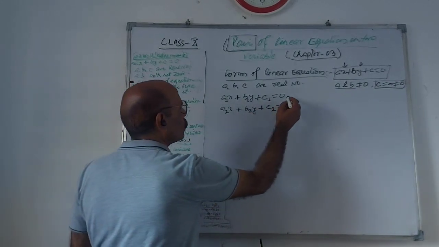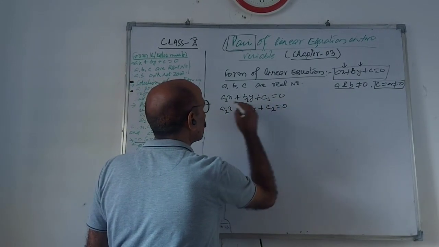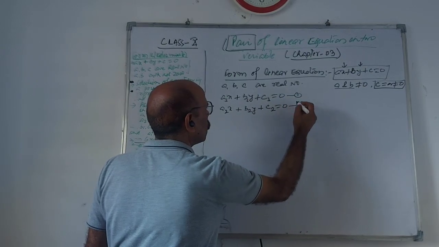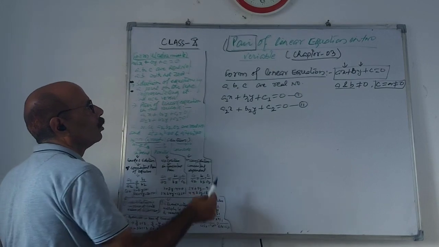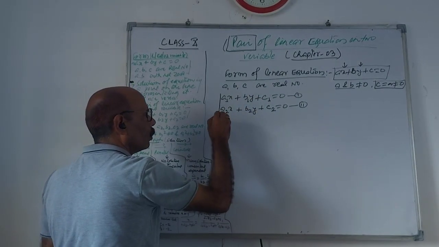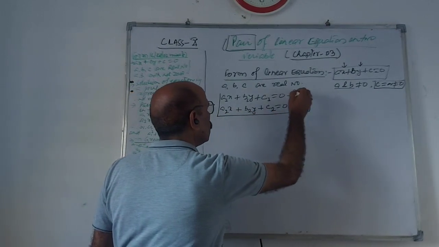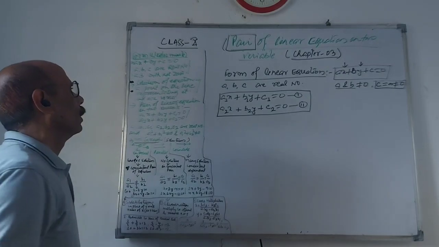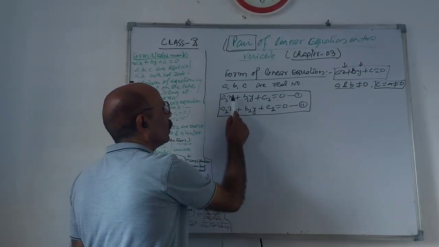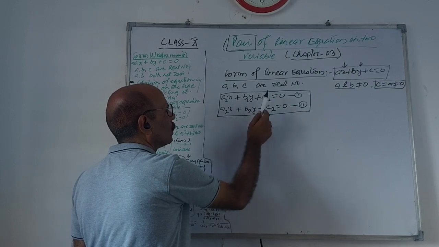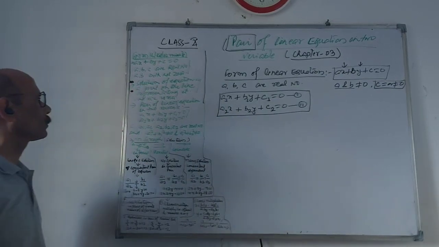These two equations represent two linear equations, and both at a time represent a pair of linear equations. The equations are in two variables, x and y, and a, b, c are constants.